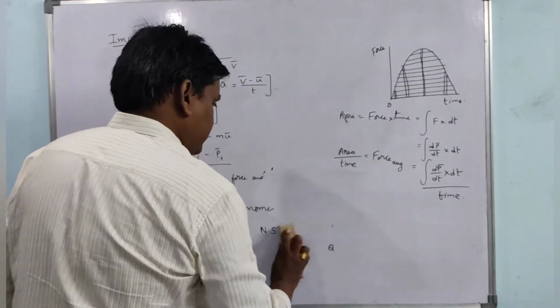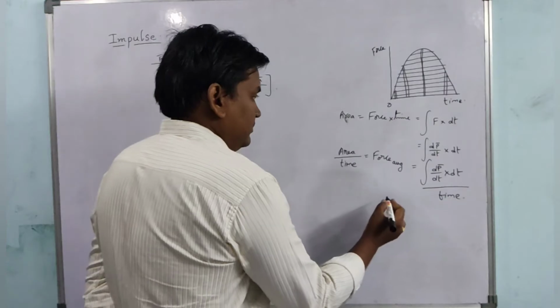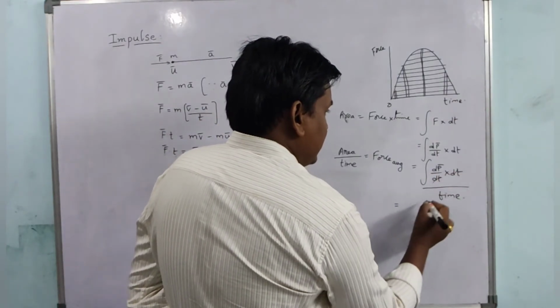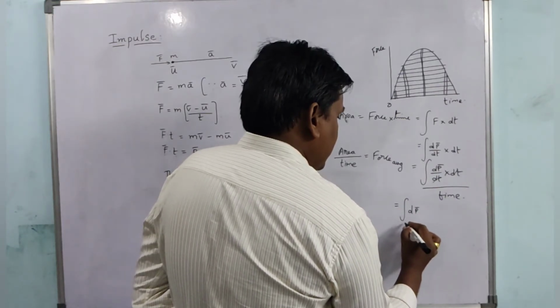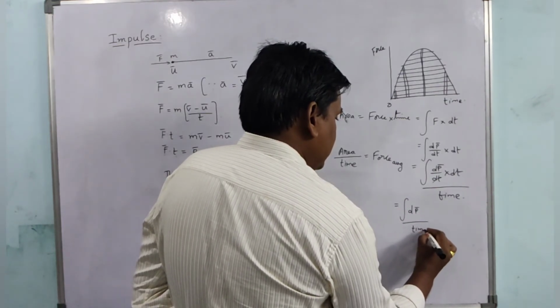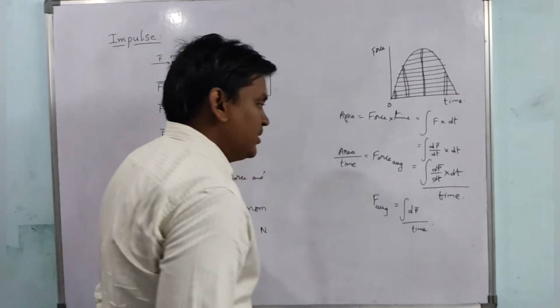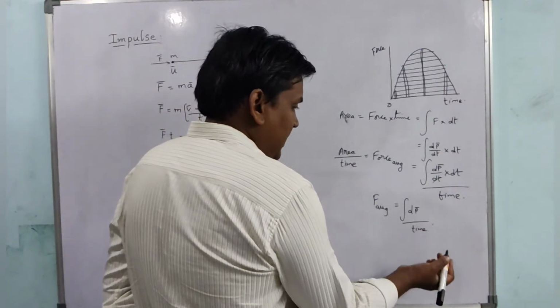Here dt and dt cancel, so the average force equals integral of dp bar upon time.